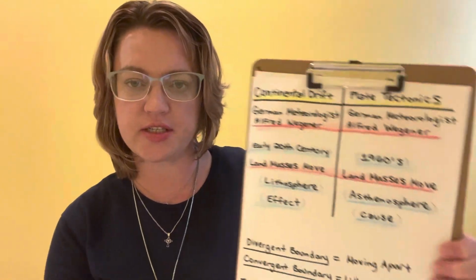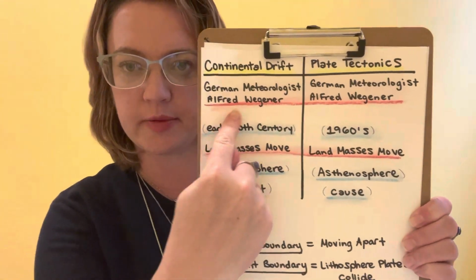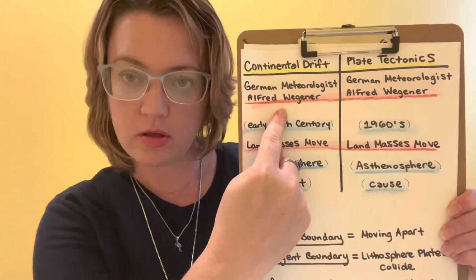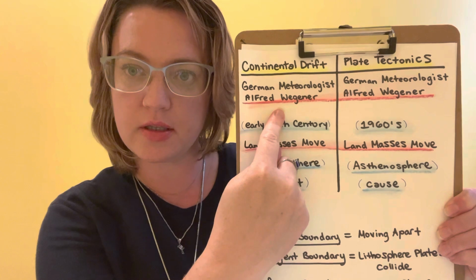So after explaining the basic origin of how the Earth formed, in the early 20th century, the 1900s, we had a German meteorologist named Alfred Wegener, whom I will provide a photo of in the slideshow video presentation.